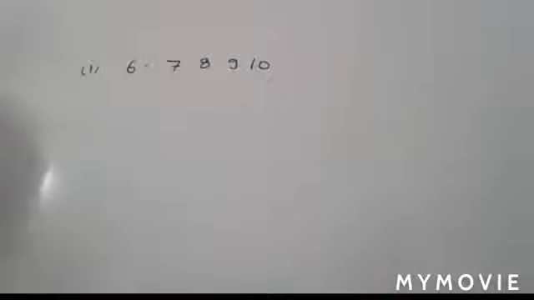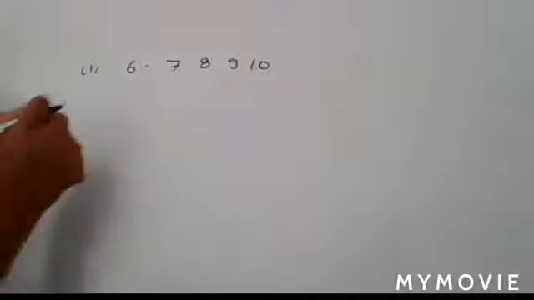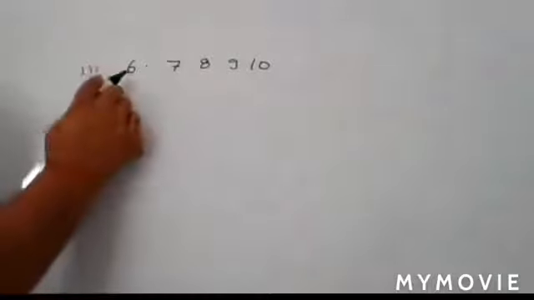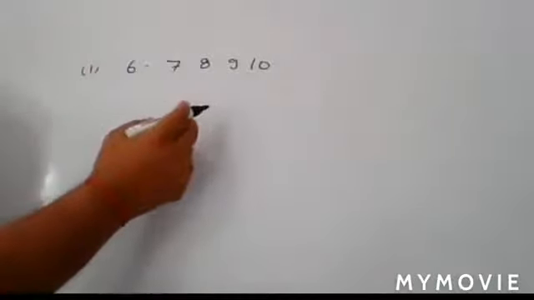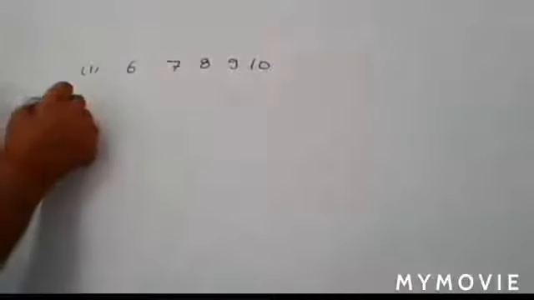You know, for factorial, your numbers start from 1 up to the particular number, and then you mention the factorial sign. So here you see that you have continued numbers 6, 7, 8, 9, 10. But what is missing here?